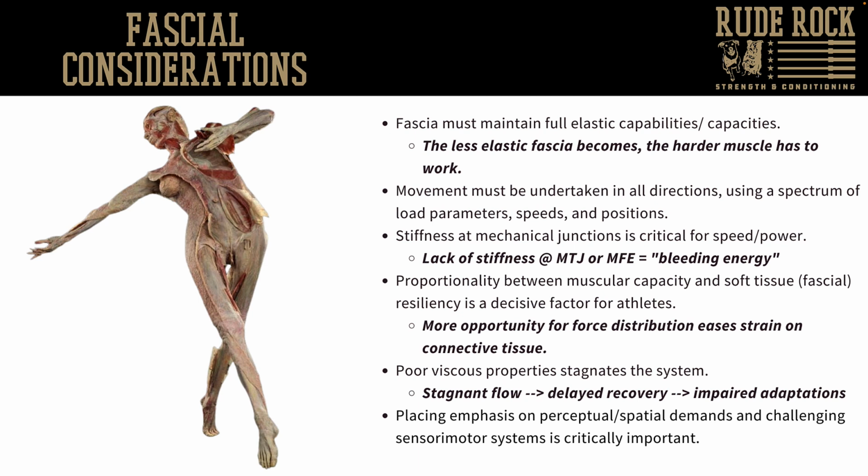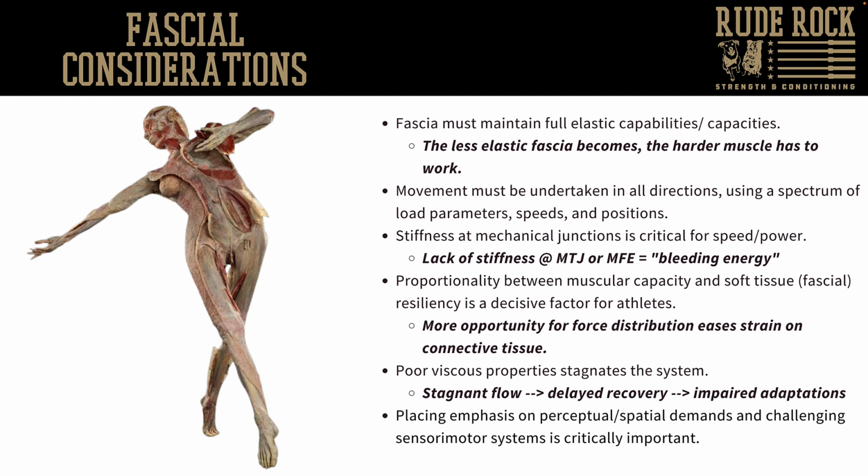Beyond that, we want to look at the stiffness at, particularly, the mechanical junction. So we're thinking about the musculotendinous junction or the myofascial force expansion. When we see things like a lunge that can't be sequenced step to step, or if we're looking at medicine ball throws that are just disconnected and disjointed, those are basically examples of, quote unquote, bleeding energy or losing effectiveness with our stretch shortening cycle.